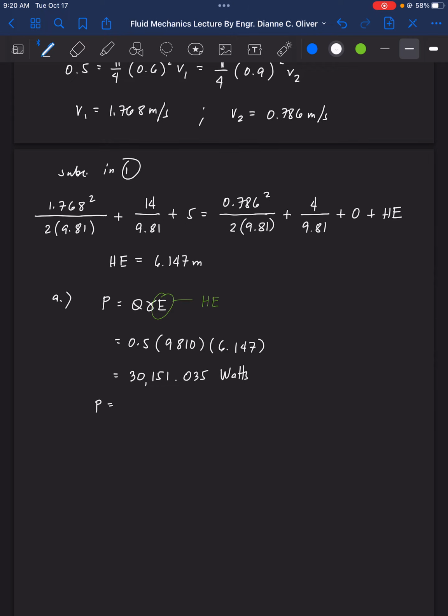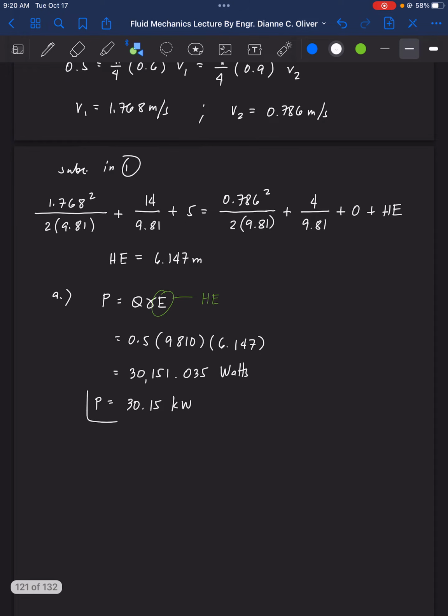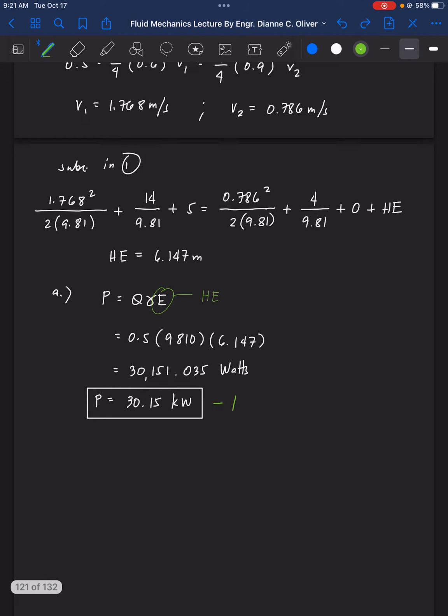So the power here is 30.15 kilowatts. So that's for letter A. And this power here is the input power for the motor or turbine.